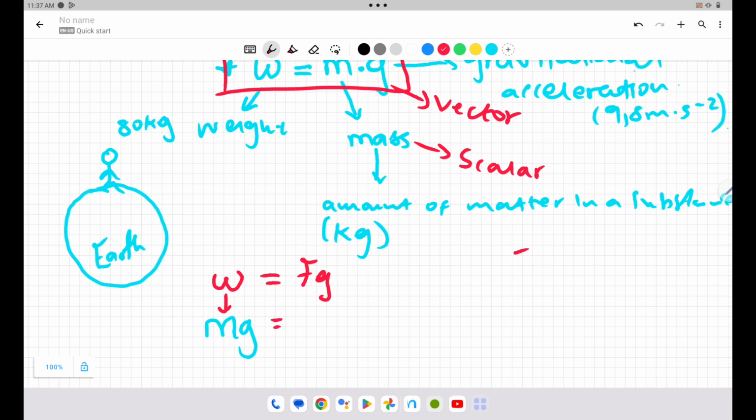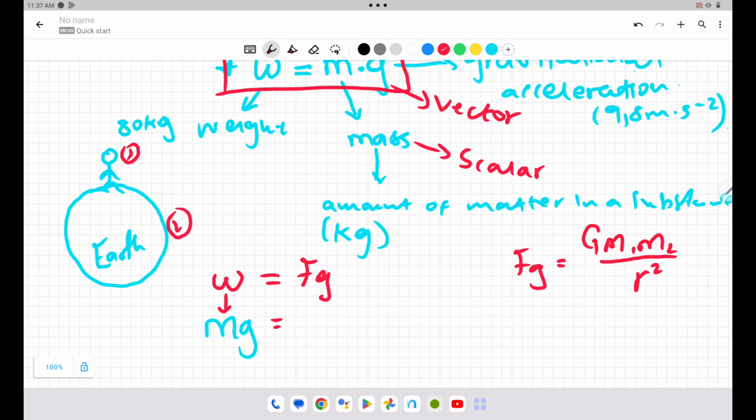But what is Fg? According to the universal gravitational law, we said to calculate Fg, we can use G m1 m2 over r squared. In our case, what is m1? That is the mass of object 1. Which one is object 1? I'm going to say this is object 1. The Earth will be object number 2.